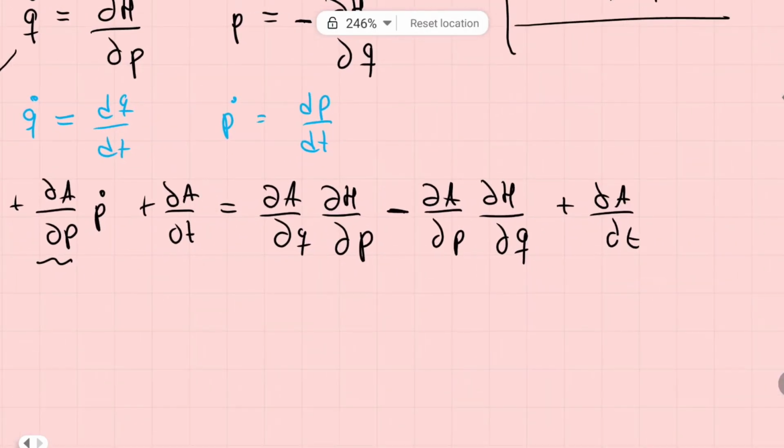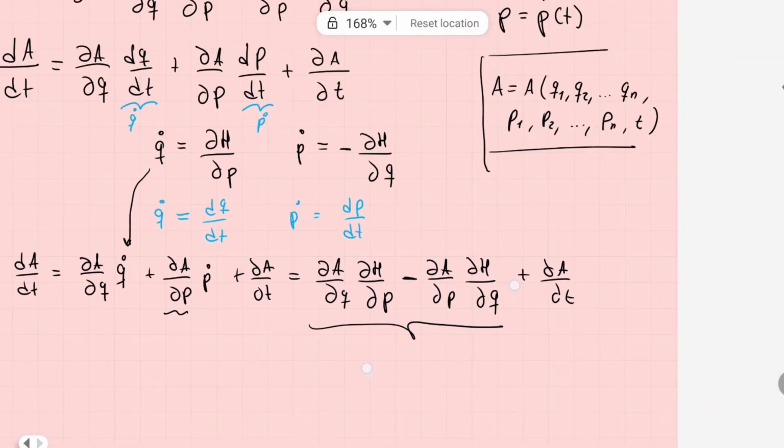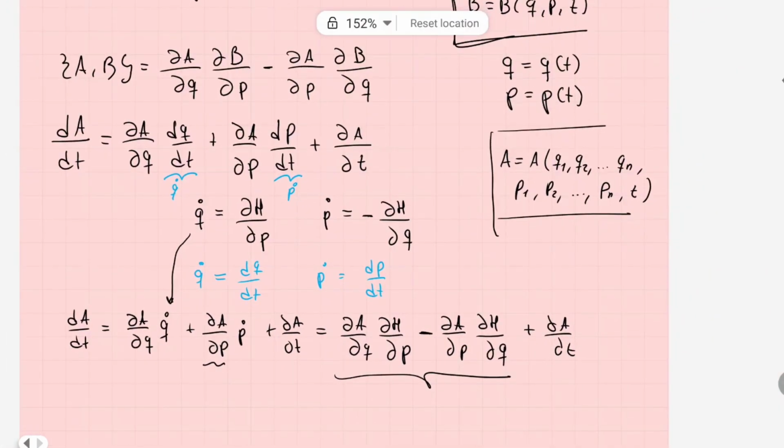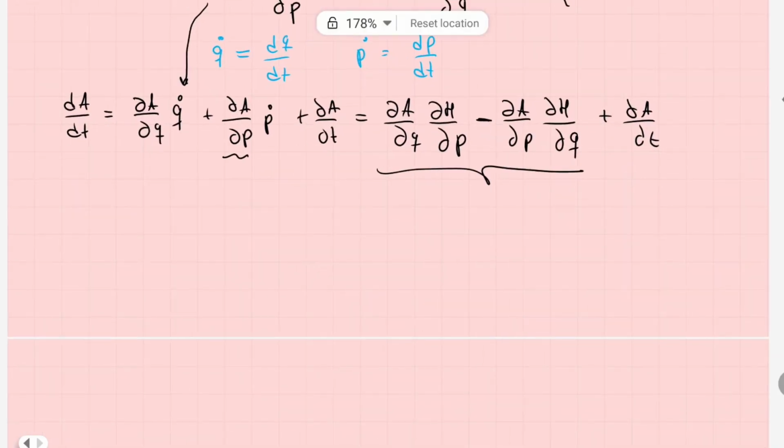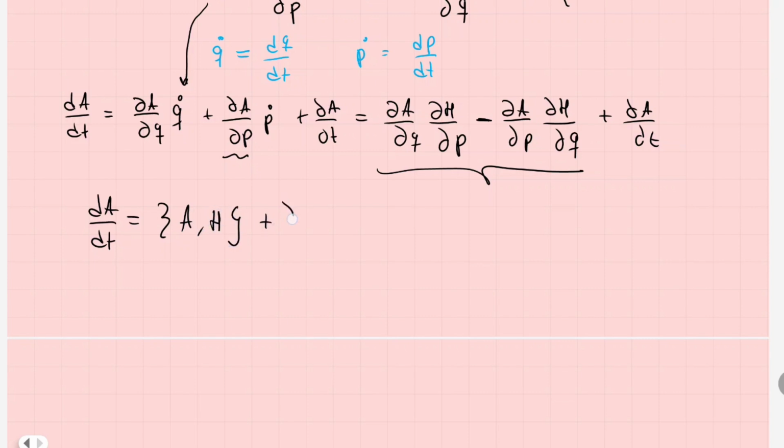Okay, and look, what we have here is actually the same as the definition of the Poisson brackets that we gave here. So we can say easily that the total derivative with respect to time of A is equal to the Poisson brackets between A and H plus the partial derivative of A with respect to time.